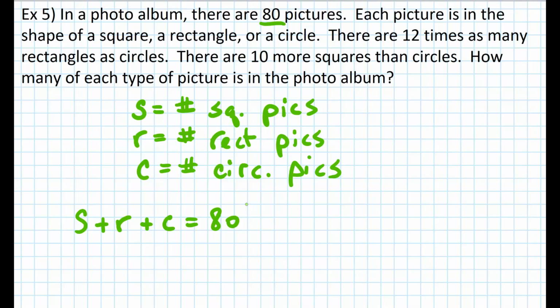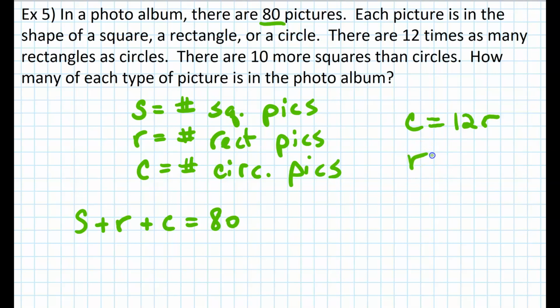I heard C is equal to 12R. Let's think about this statement here: 12 times as many rectangles as circles. Which one should you have more of? You should have more rectangles.